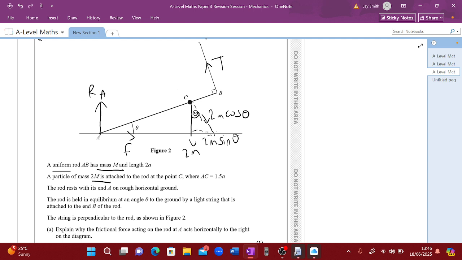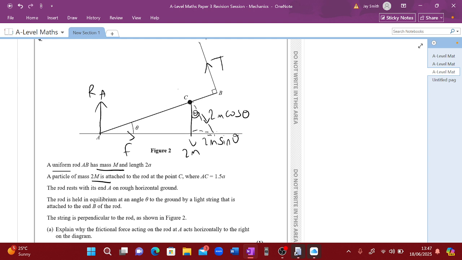But it says it's uniform, so that means the mass is evenly distributed along the rod. What that means is we can assume the mass is basically in the middle of it, because on either side it cancels out in a way. So we can attribute the mass of the rod as just being in the middle.